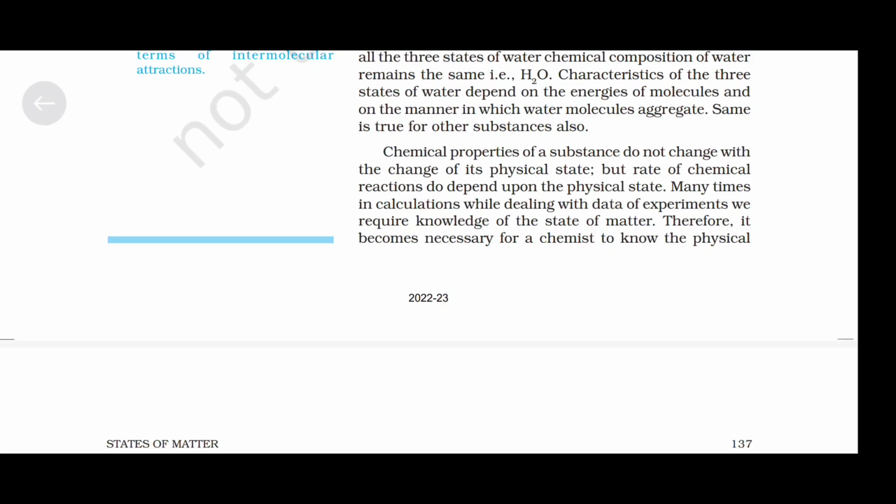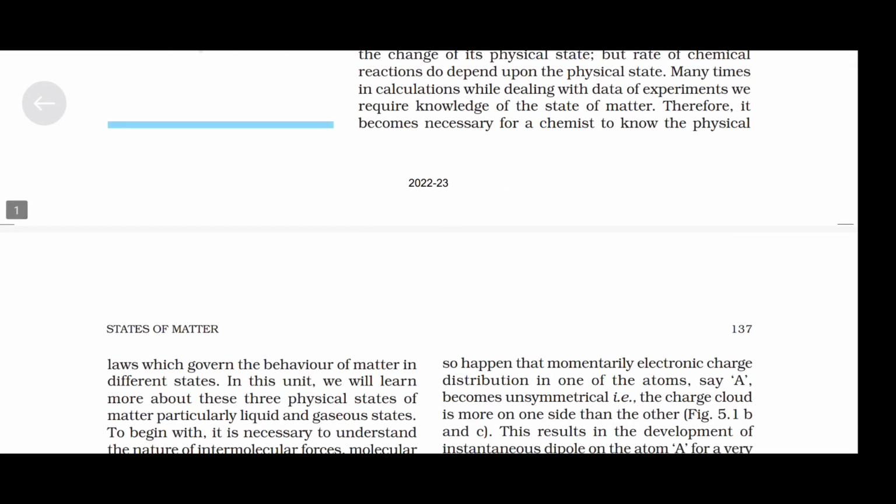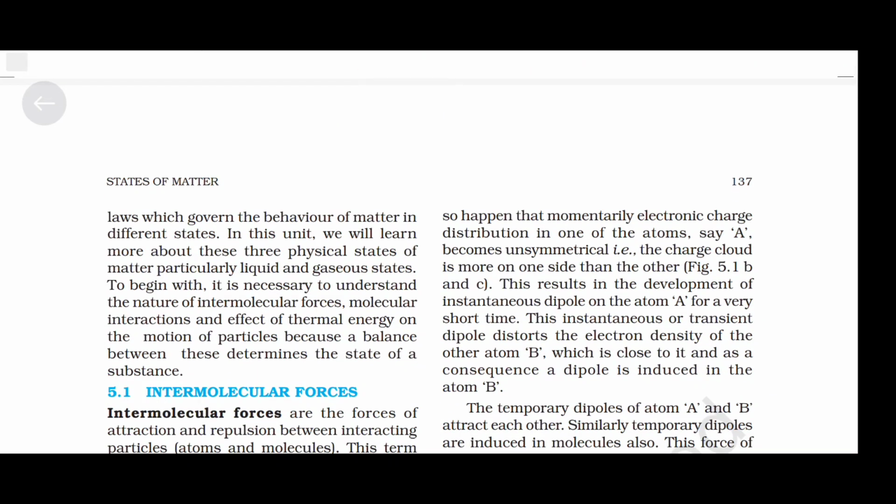Many times in calculations, while dealing with data of experiments, we require knowledge of the state of matter. Therefore, it becomes necessary for a chemist to know the physical laws which govern the behavior of matter in different states. In this unit, we will learn more about these three physical states of matter, particularly liquid and gaseous states.